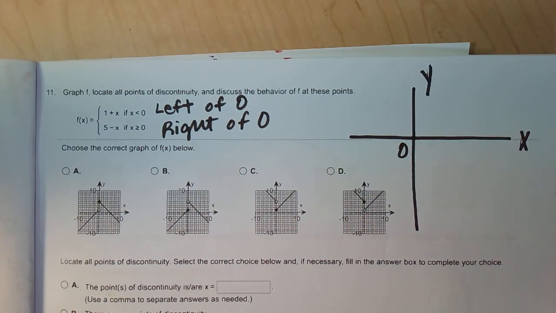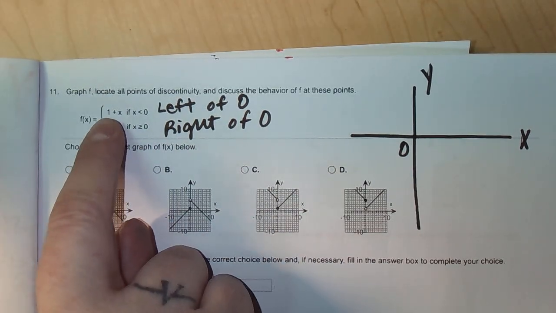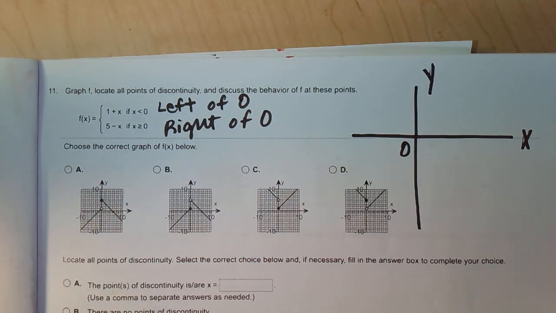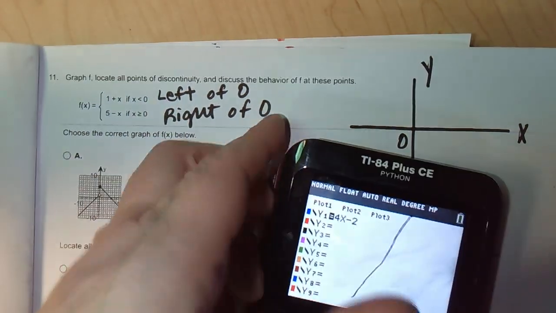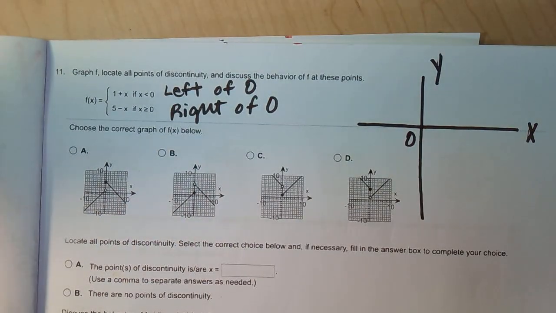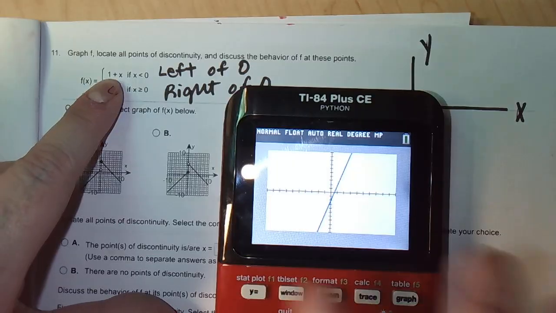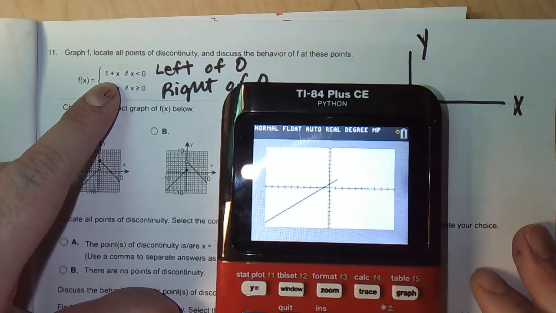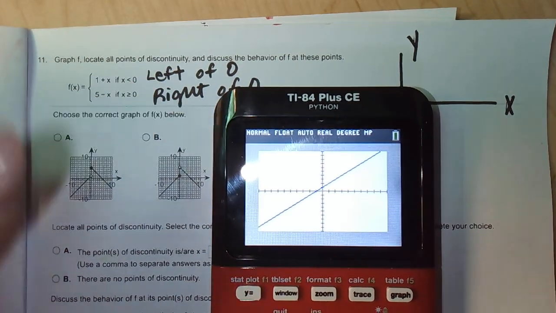Okay, so to the left of x, I'm supposed to have 1 plus x. To the right, I'm supposed to have 5 minus x. Okay, so if you want to, we can use our calculator. I'm going to go to y equals and type 1 plus x and graph it. But the only portion I want to graph is to the left of 0.